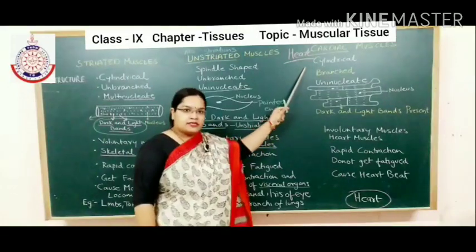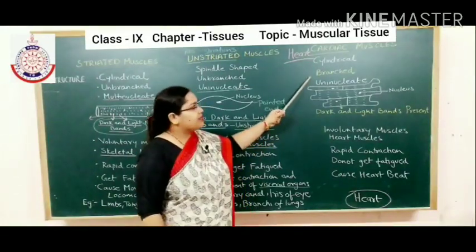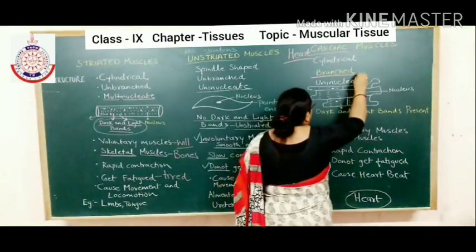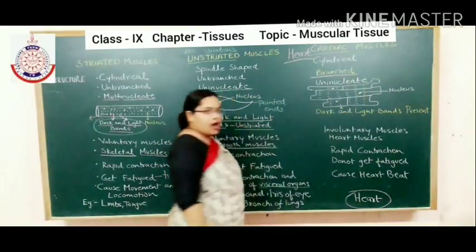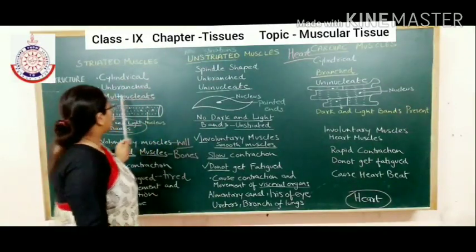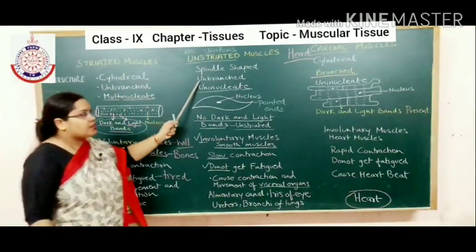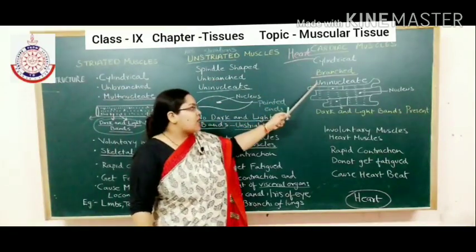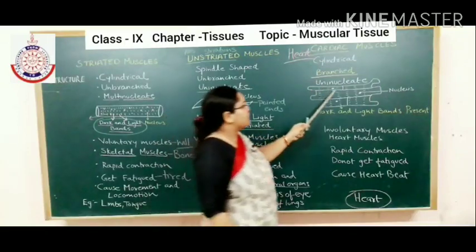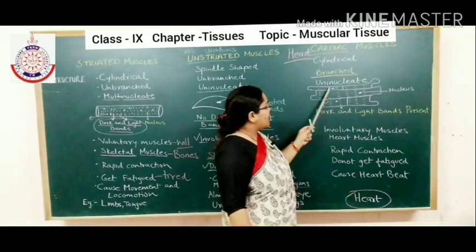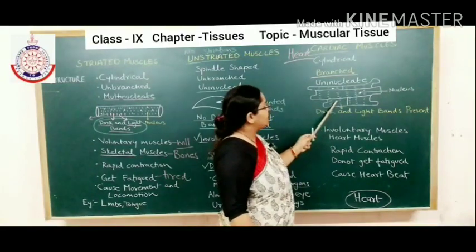They are cylindrical in shape. They are branched. So cardiac muscles are the only muscles which are branched. We have done striated and unstriated, both were unbranched. But cardiac muscle is the only branched muscle. These are uninucleate. You can see these are the branches of the cardiac muscle and they have a single nucleus.